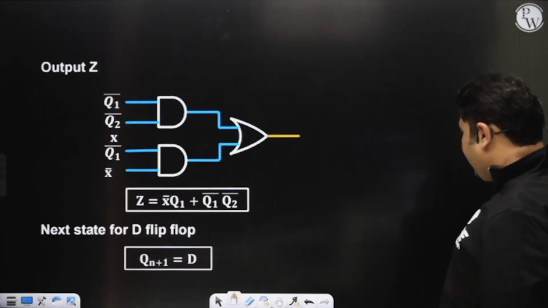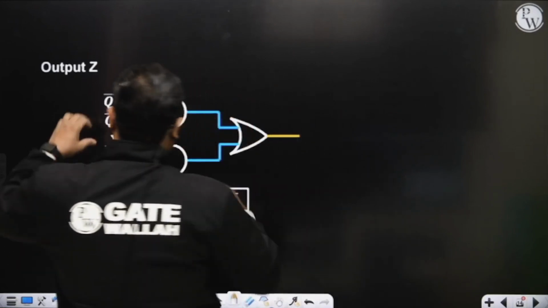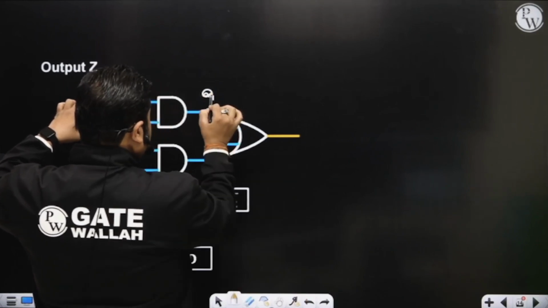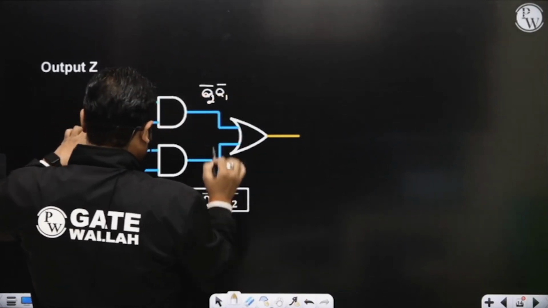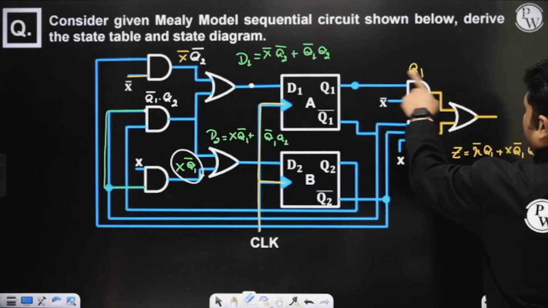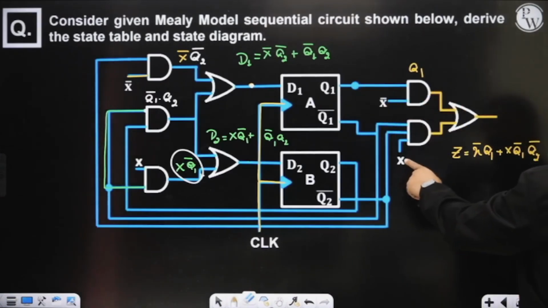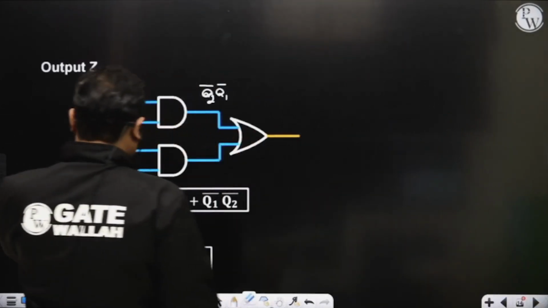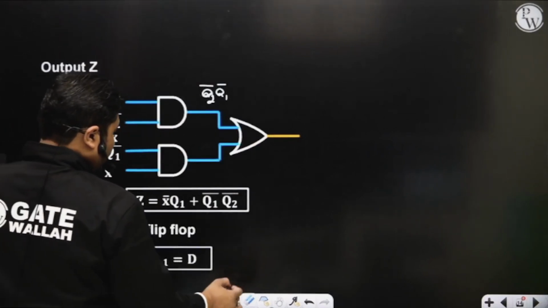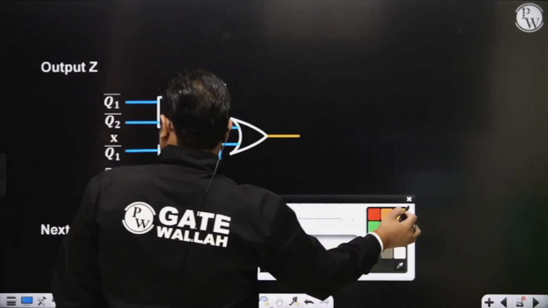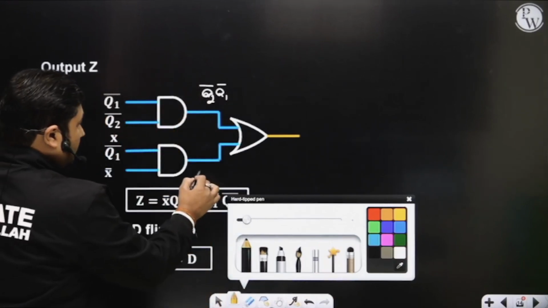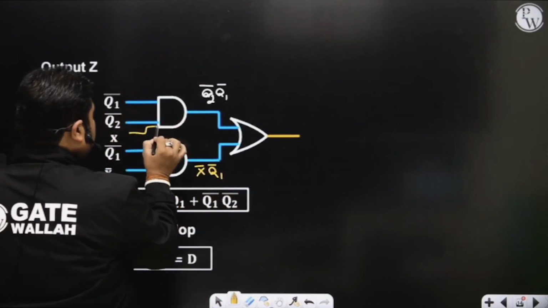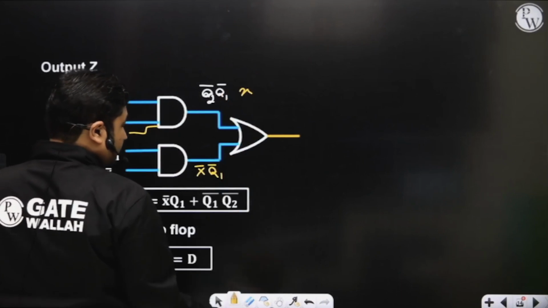And we have output function Z. So output function Z is Q1 complement Q2, Q2 complement, Q1 complement, x bar Q1. And the other one is x Q1 Q2. So x bar Q1 is okay. Another one is x Q1 complement Q2 complement.